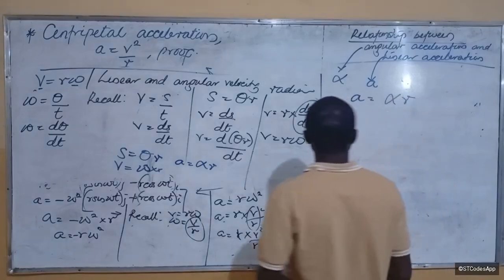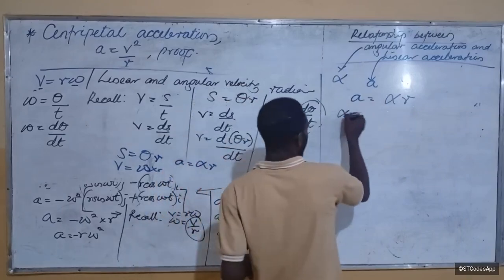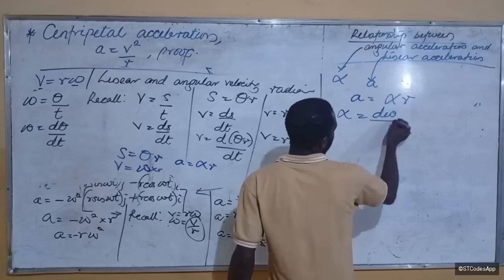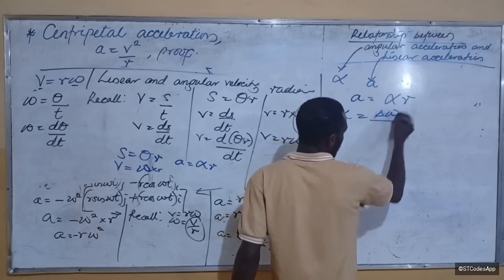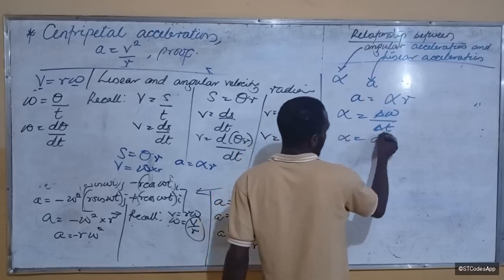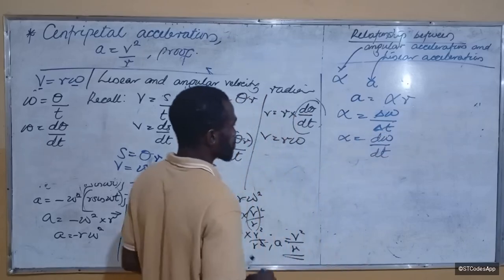Since from here we know that angular acceleration is the change in angular speed over change in time, mathematically angular acceleration is d omega dt. That makes sense, right?